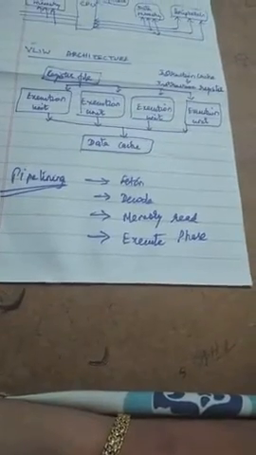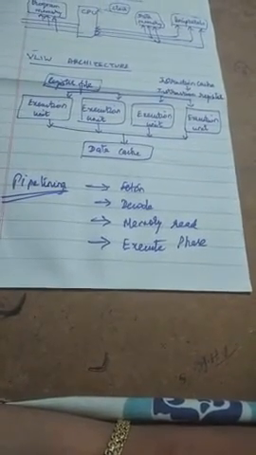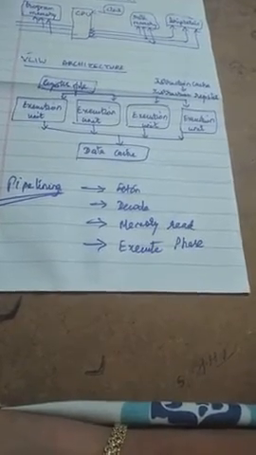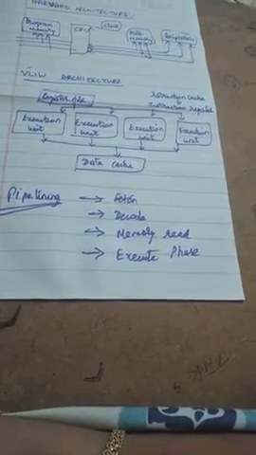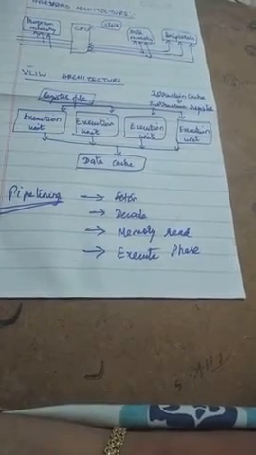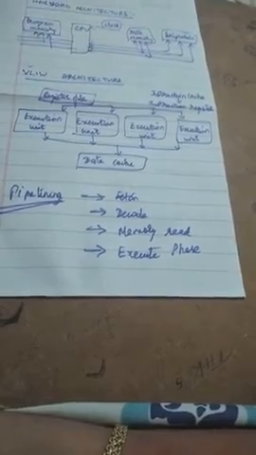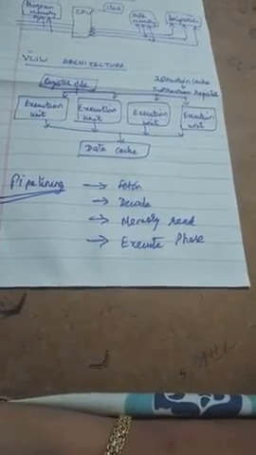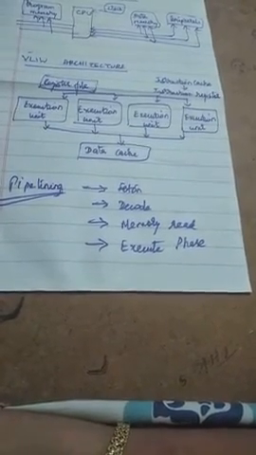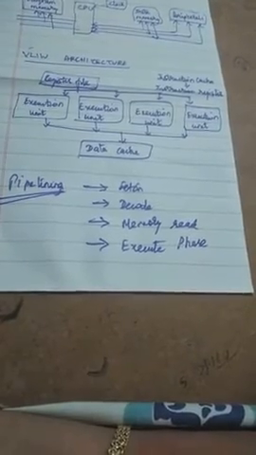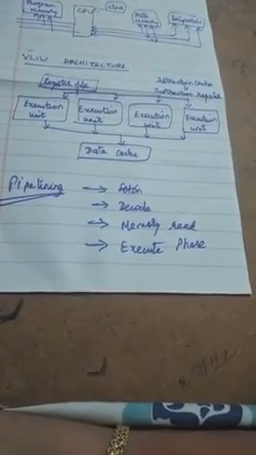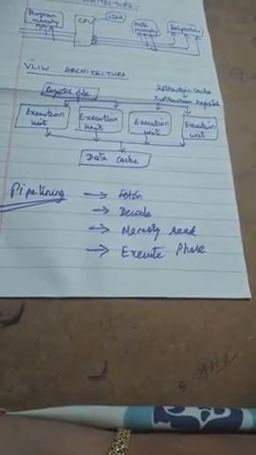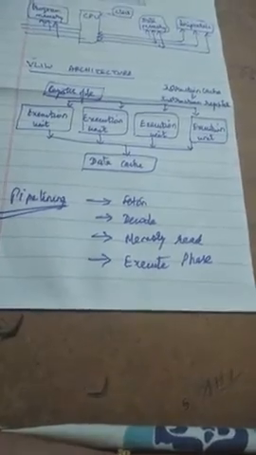And then the third one, memory read, is used to read the data from the data bus and also to write the data to the data bus. And then the fourth one, the execute phase, executes the instruction currently in the instruction register and completes the writing process.